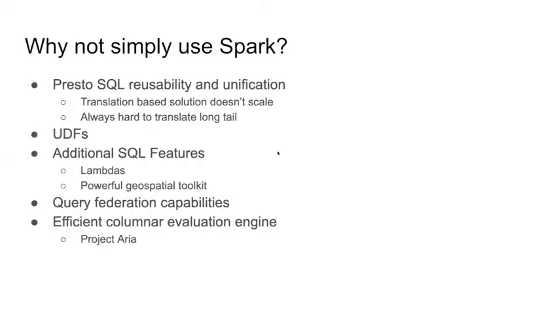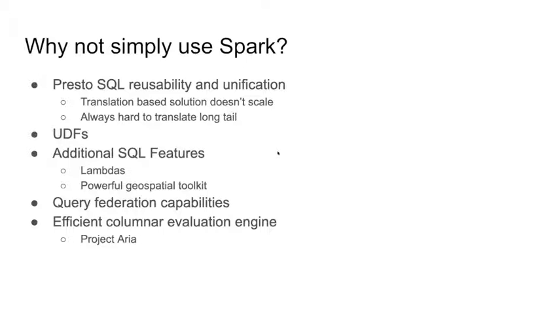Translation-based solutions usually don't scale, as we are always hitting this long tail of incompatible queries or queries with slightly different semantics. So the translation solutions, unfortunately, are not scalable.